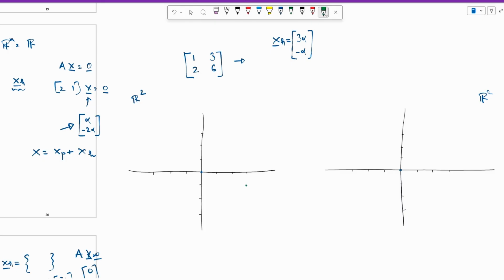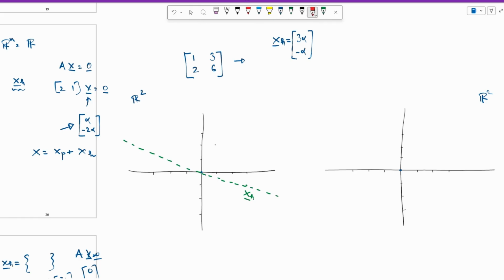Okay. Well, it's a line. We've got 2 points, 0, 0, and this. So essentially the line would be this. That's your homogeneous solution. Will be here. Fine.